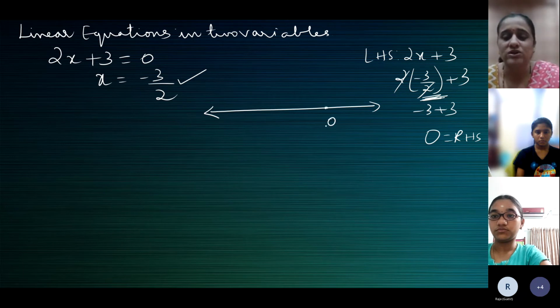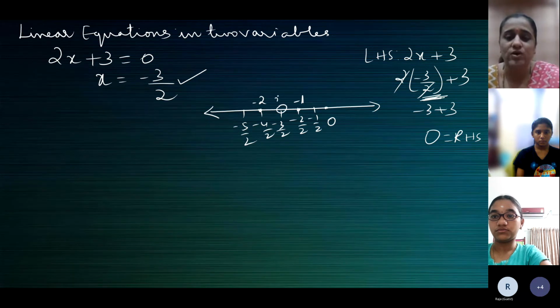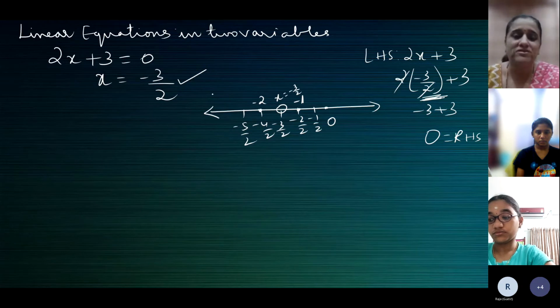So 0, minus 1 by 2, minus 2 by 2, minus 3 by 2, minus 4 by 2, minus 5 by 2. It goes on like that. And minus 2 by 2 is minus 1. Minus 4 by 2 is minus 2. And this is what we want, minus 3 by 2. So x is equal to minus 3 by 2. So this is how we represent the solution on the number line.